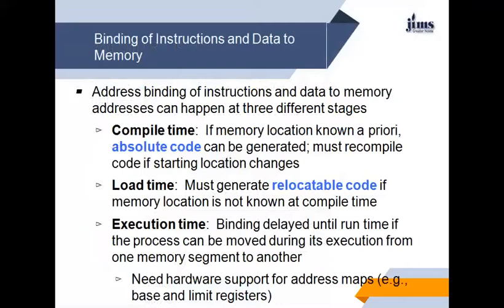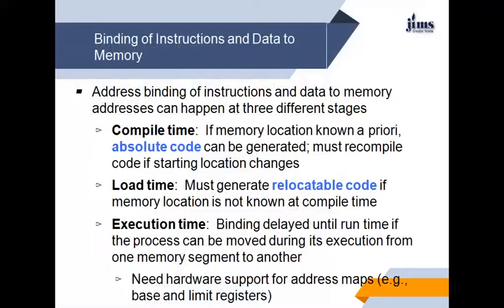In compile time, if the memory location is known a priori, absolute code can be generated. Code must be recompiled if the starting location changes. Suppose the starting location is some x, and if it is changed to x plus 20, then the code should be recompiled.